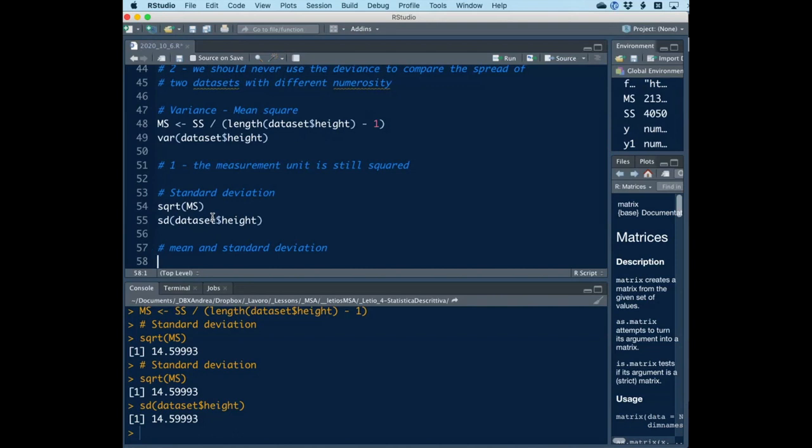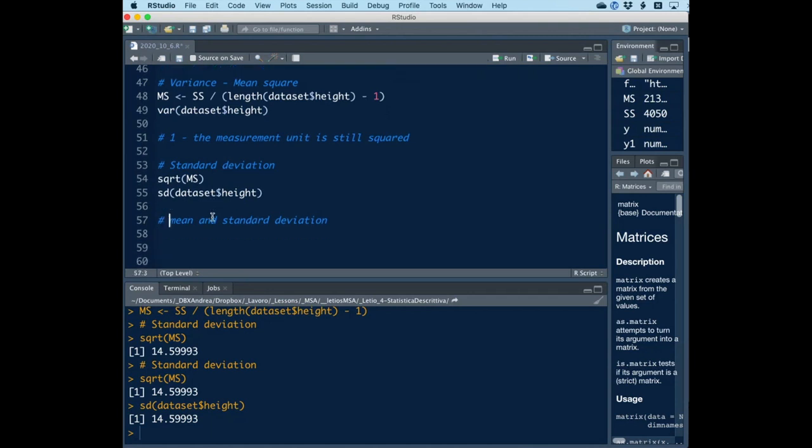So, there is another measure we can use to have an idea about the variability of a data set without considering the mean. That is called the coefficient of variation. All right? So here, we use mean and standard deviation to describe a group of data.